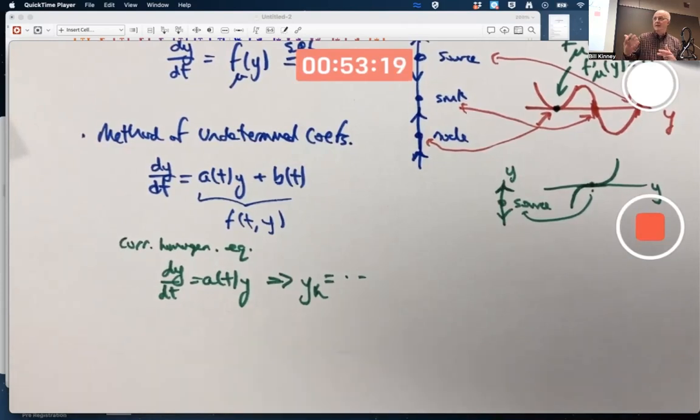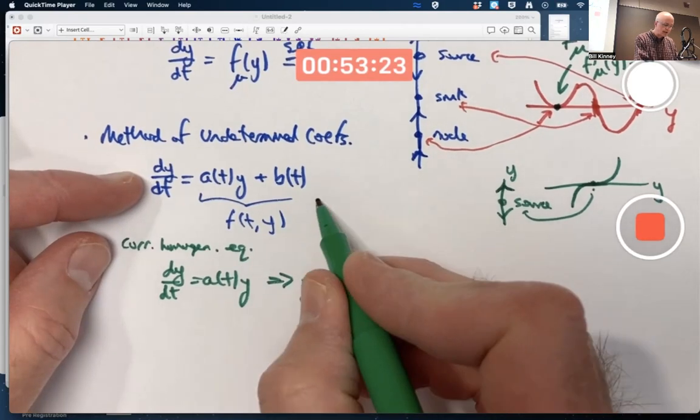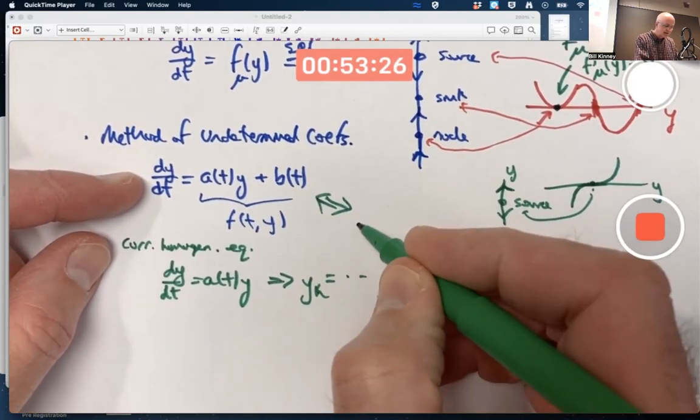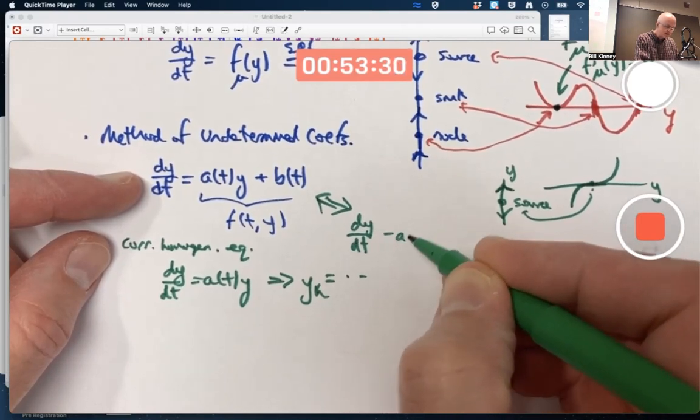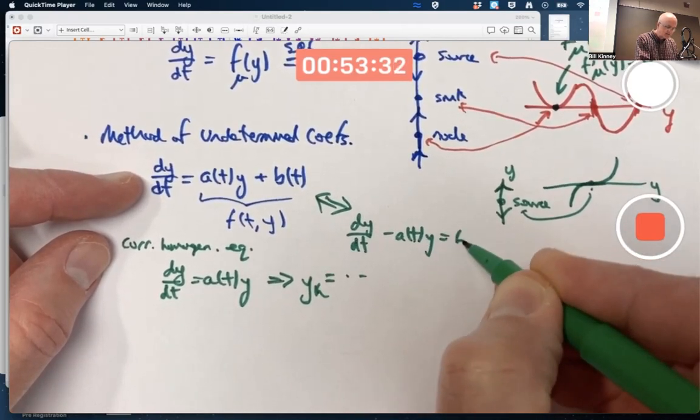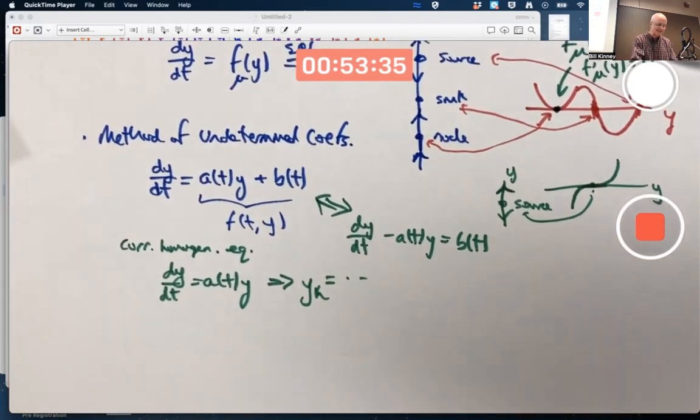And then you also want to find the y p, the particular solution of the original non-homogeneous equation. But when you do so, it's better to write it in this form, dy dt minus a of t y equals b of t, because that helps you guess.